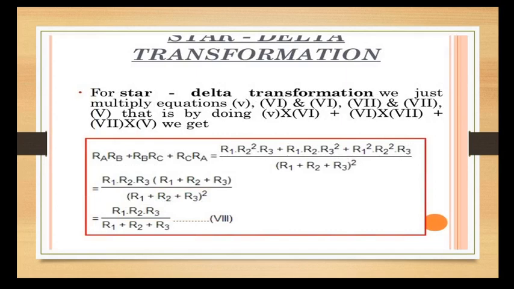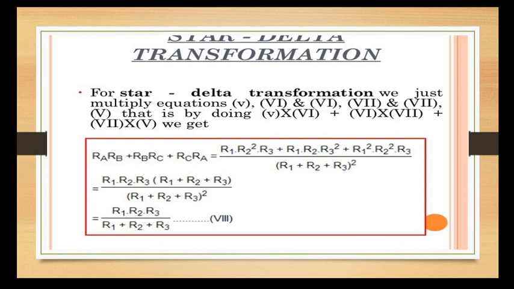Now we can move on to star to delta transformation. So already we have with us 7 equations. Now we can do some sort of simplifications and find out how we can transform from star to delta connection.